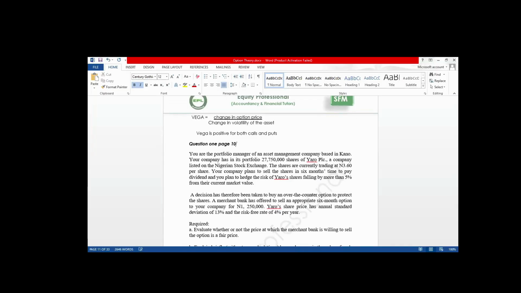Page 109 through 110. Let us use that question to further explain option theory.